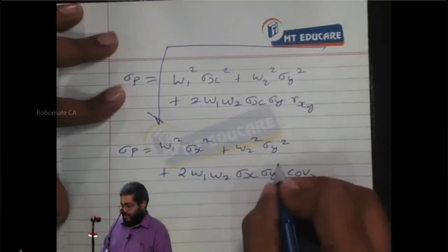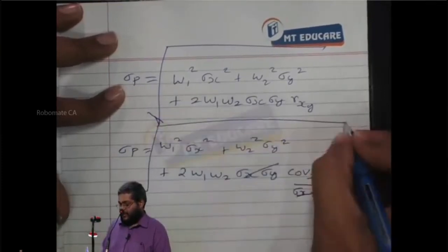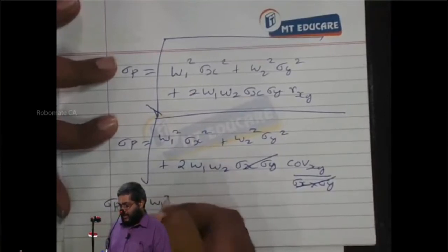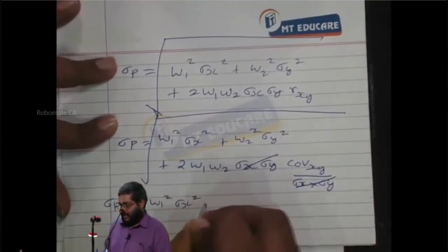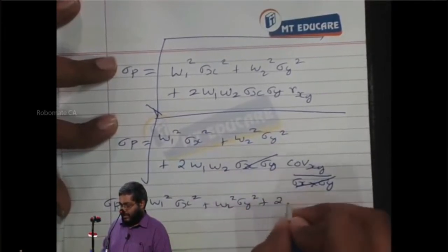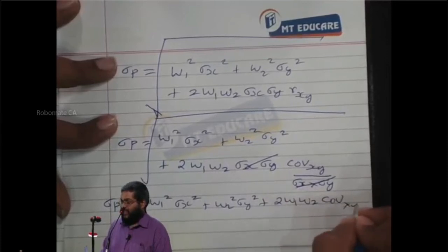Yes or no? Now, this can be cancelled. I can just put the square root. I'll get the number as sigma P is equal to, tell me the formula, the square root of W1 square sigma x square plus W2 square sigma y square plus 2 into W1 into W2 into covariance of x and y.